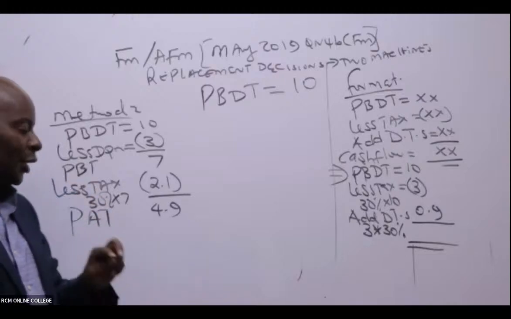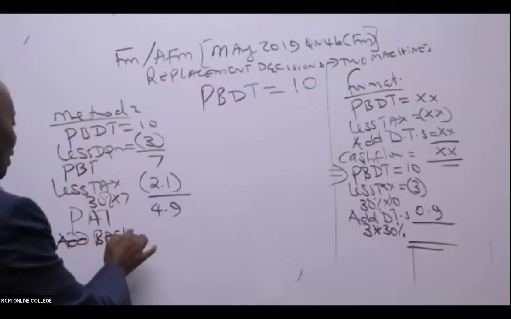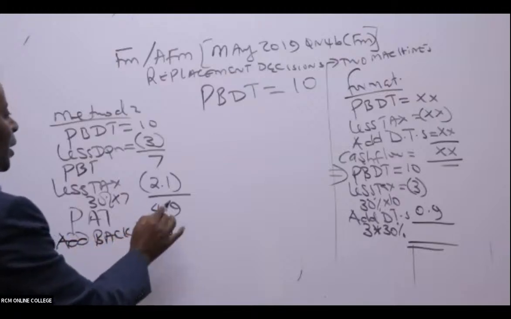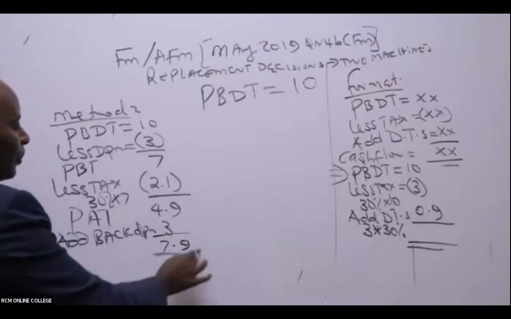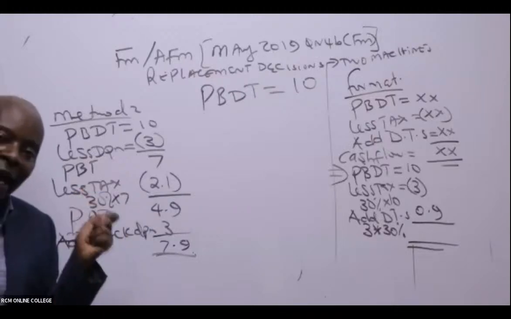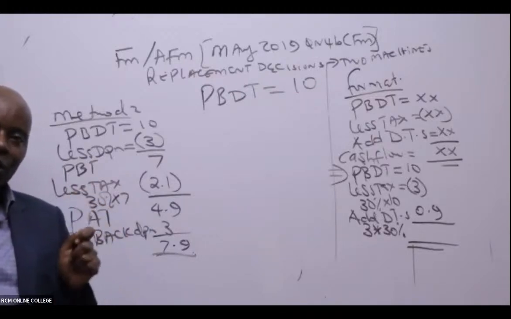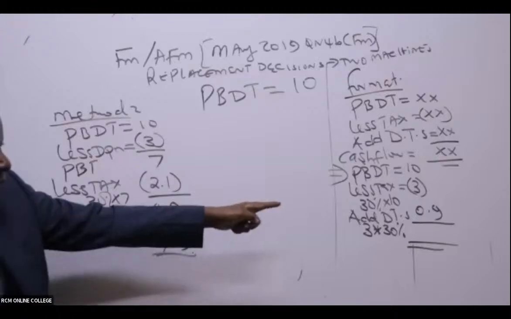We add back depreciation the way it is, which is 3. By doing that, we get 7.9. Remember, we add back depreciation the way it is, not depreciation tax shield, but depreciation. You get 7.9, which is the figure we got there.